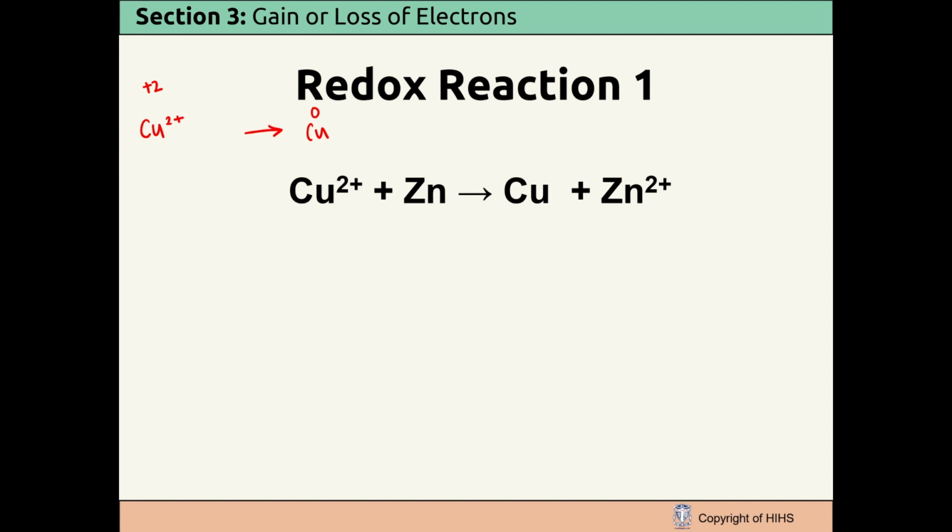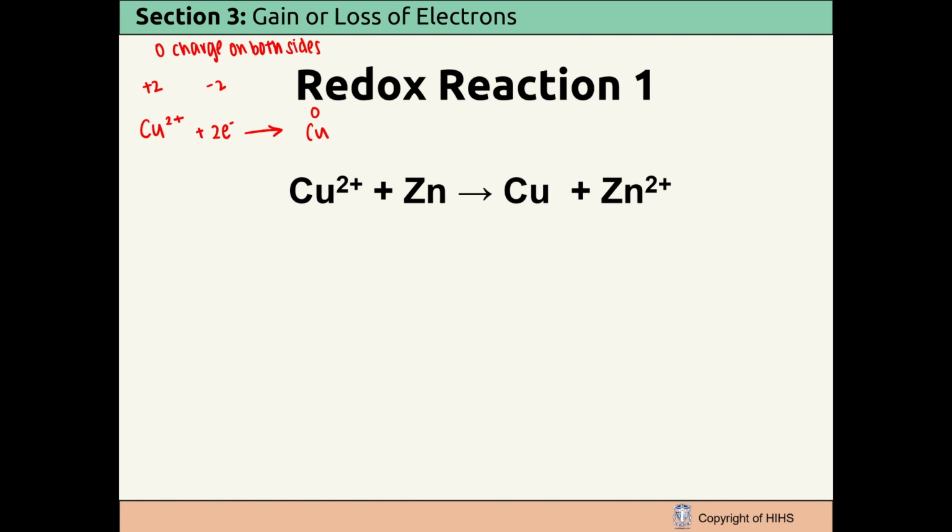So 0 charge on both sides. What do we need to do on the left hand side of the equation to make it 0 charge? We add 2 electrons here. So you have -2, and it will balance out to be 0 charge. Okay, so this is for your copper.